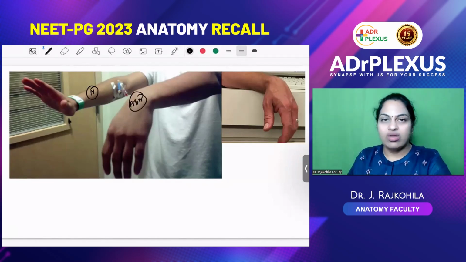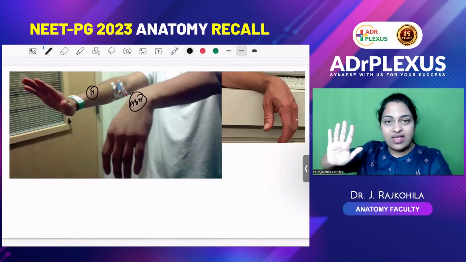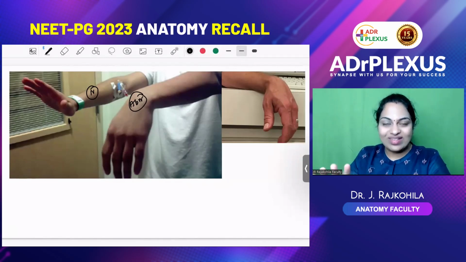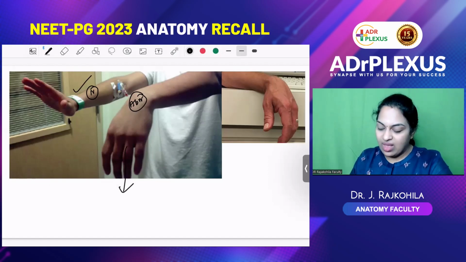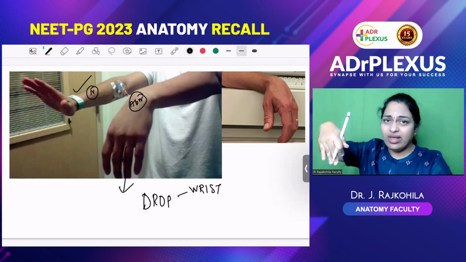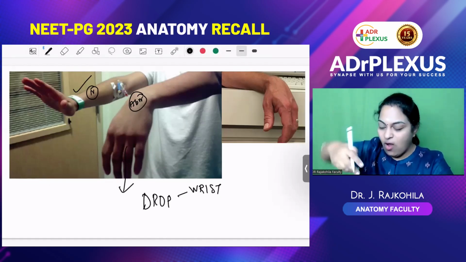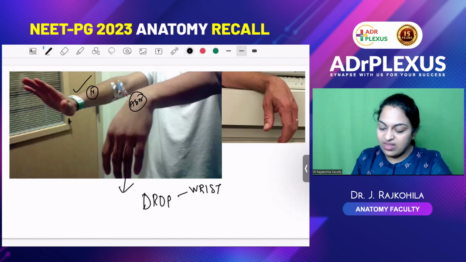So what is there in the normal side? The patient is able to lift his wrist, or extend the wrist. Am I right? So what is here on the abnormal one? There is the drop of the wrist, not able to lift his wrist, isn't it? He's not able to dorsiflex or extend his wrist. There's a wrist drop and see all his fingers.